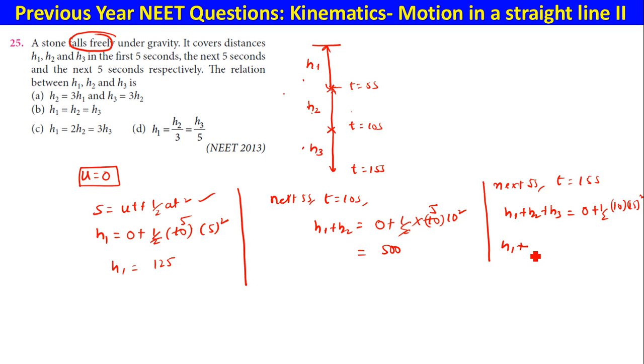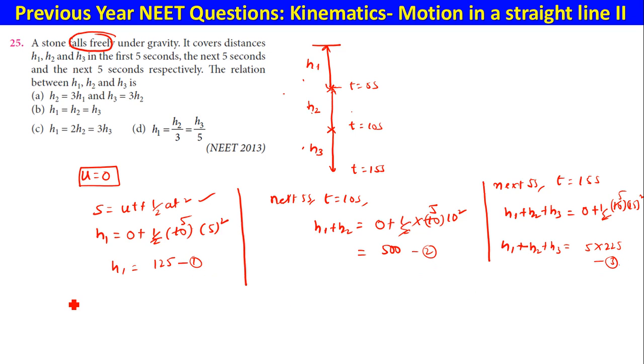Yes, h1 plus h2 plus h3 is equal to 2 ones are 2, 5s are 5, so 15 whole square, which is nothing but 225. So just keep it aside, no problem. Let me take this as equation 1, this as equation 2, and this as equation 3.